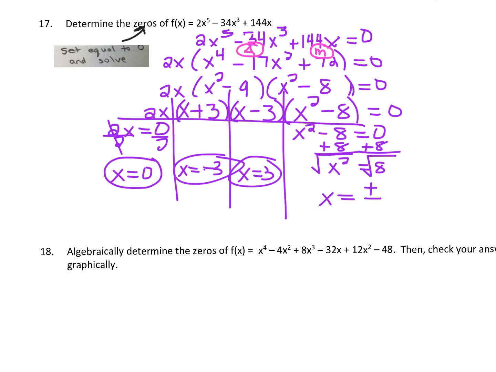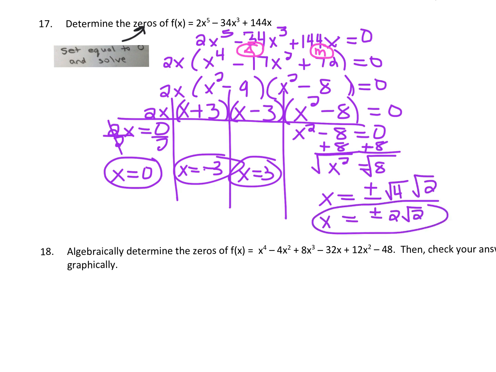That's what accounts for the two answers. Now, this is not a perfect square, but we need to simplify that radical as much as possible. So you can break down radical 8 into radical 4 times radical 2. And then since the square root of 4 is 2, this will become plus or minus 2 radical 2.